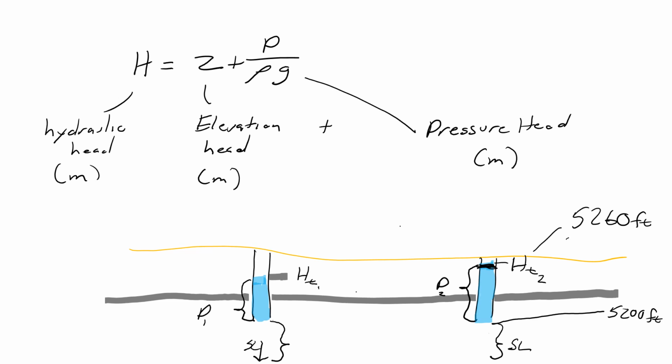What's the total head in feet? 5,260. That's the height. The height of the water has two components. It has pressure and it has elevation. Elevation is from sea level to the base of the well. So what's the elevation head? Should be 5,200 feet. So what's the pressure? 60 feet.